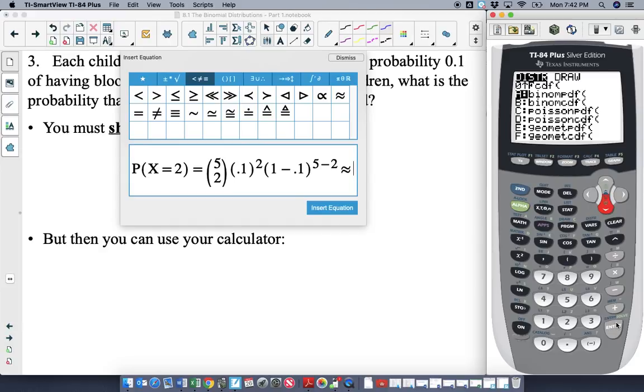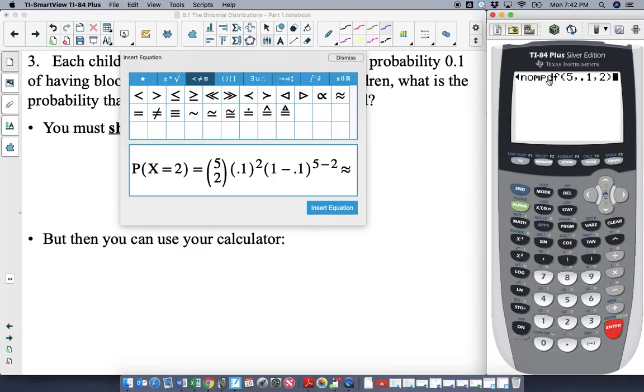So I go to binomial PDF, my number of trials is 5, my probability is 0.1, and my X value is 2. We said that over here, probability that X is 2. And then I can hit enter.